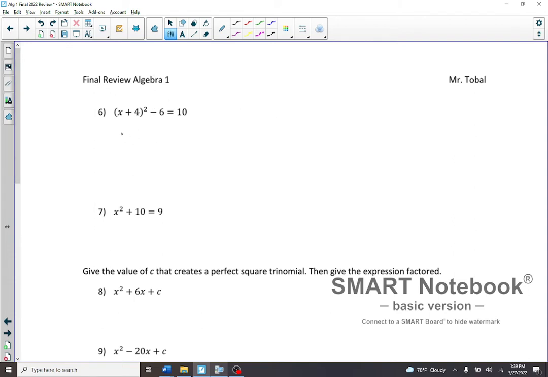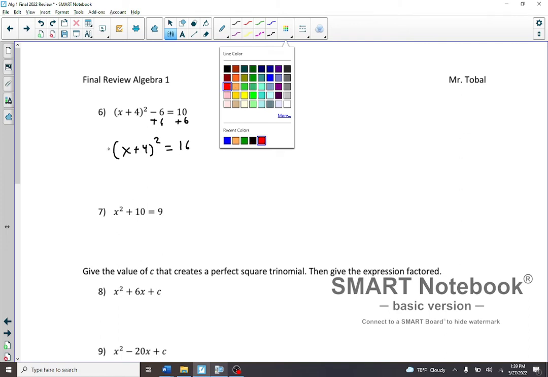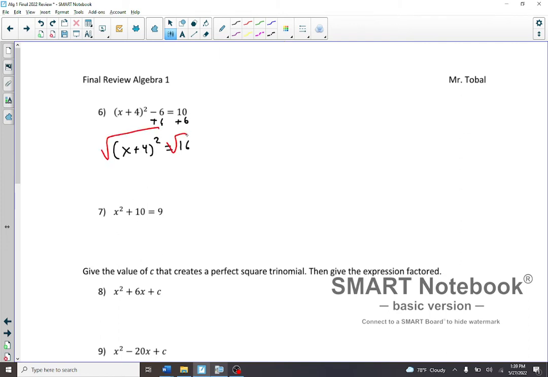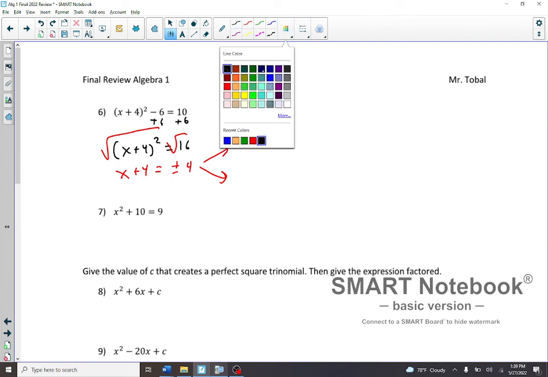Number 6 over here. We're going to solve this. So we're going to do plus 6 on both sides. So it's going to be (X plus 4) squared equals 16. Then we're going to square root both sides, which means you're going to get X plus 4 equals plus or minus 4. And since we have to do some more math, we're going to split this up to solve them separately.